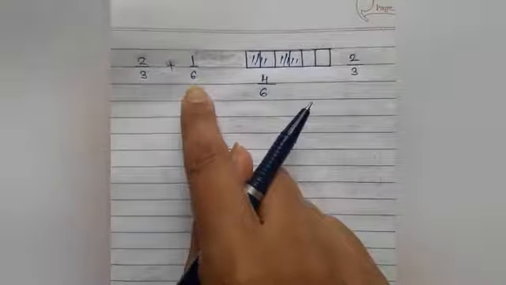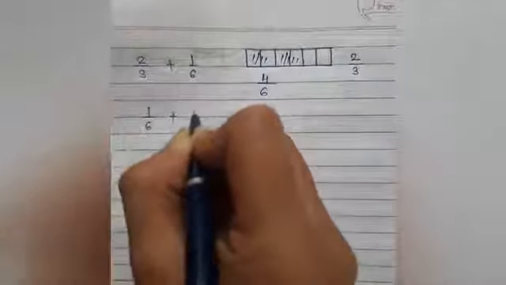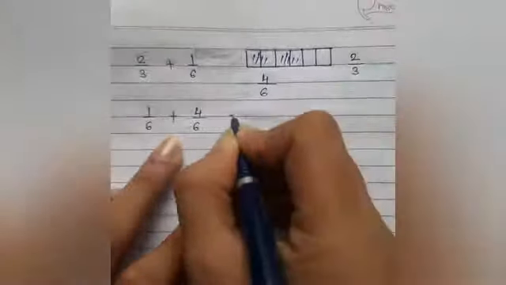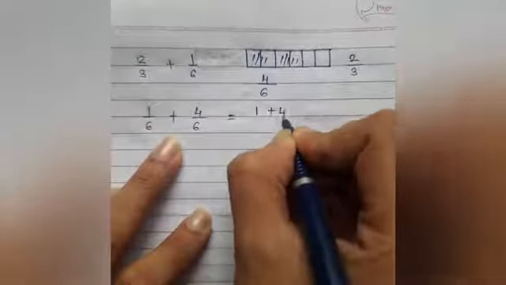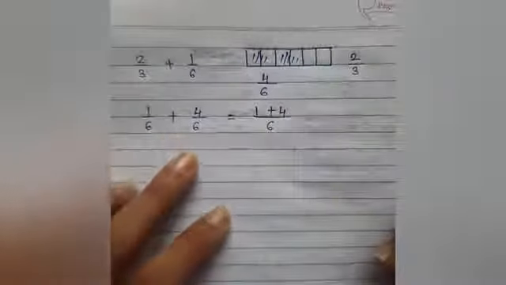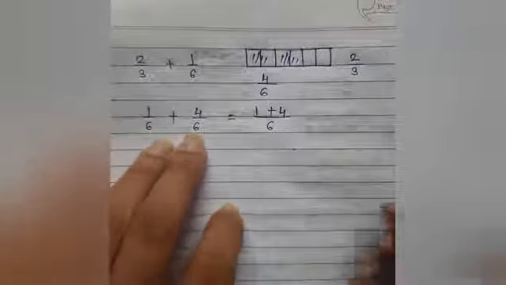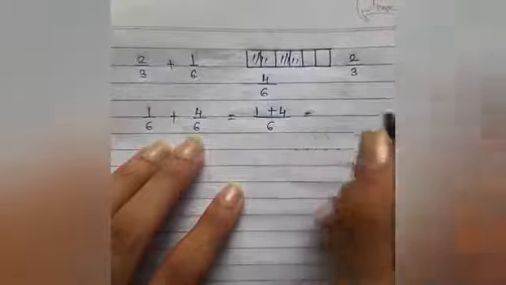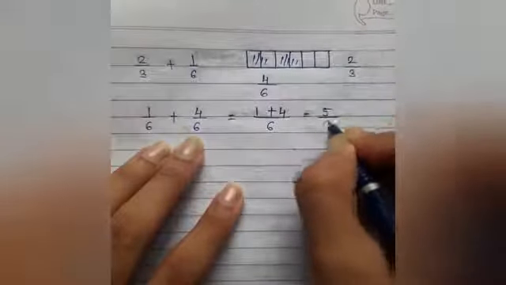So the equation will be 1 upon 6 plus 4 upon 6. We got our like fractions. After this, to solve this equation, our next step will be 1 plus 4 upon 6. We kept the denominator same. The answer to this equation will be 5 upon 6.